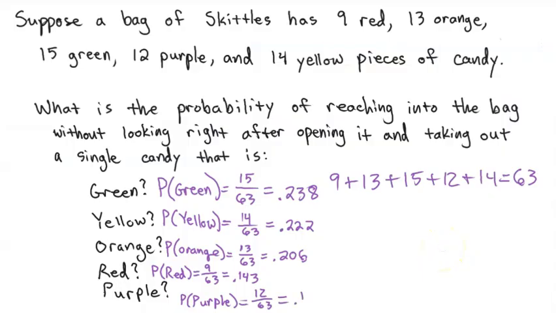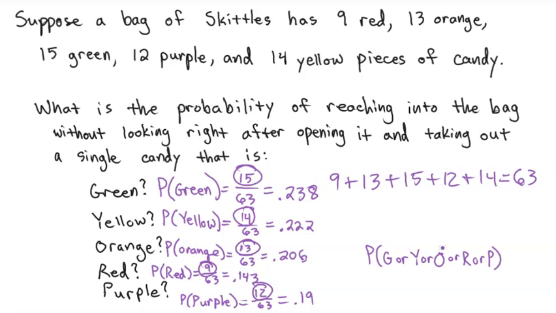Now if we add these up, we get 15 plus 14 plus 13 plus 9 plus 12 over 63. This is the probability of grabbing green or yellow or orange or red or purple.